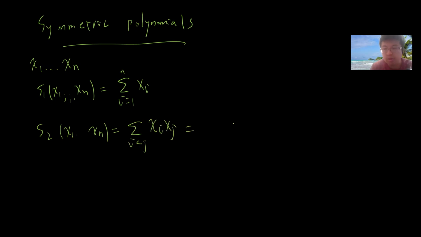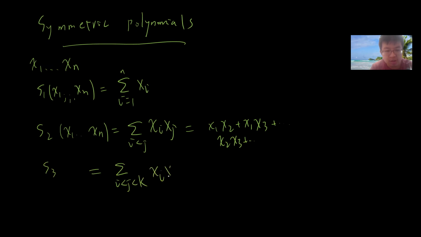Basically, this is just the pairs x1x2, x1x3, and also x2x3. You can also define s3 to be the sum over i less than j less than k of xi xj xk. And then the final one is sn, which should be x1 x2 up to xn.